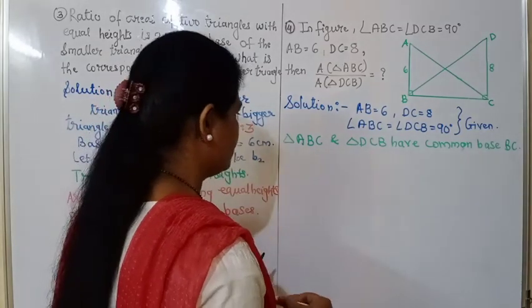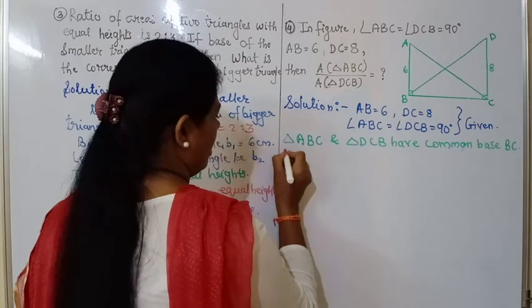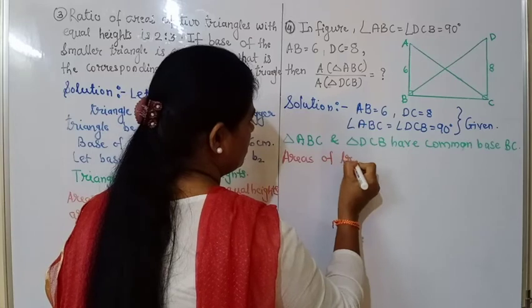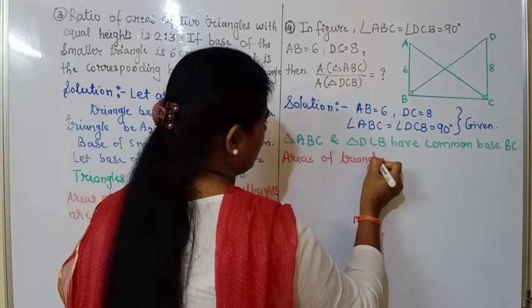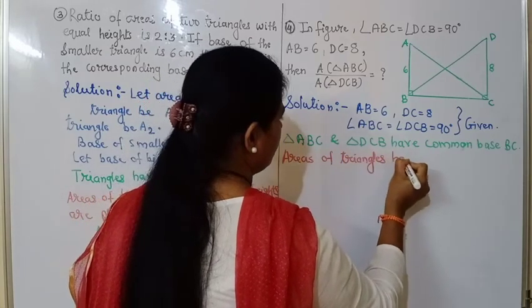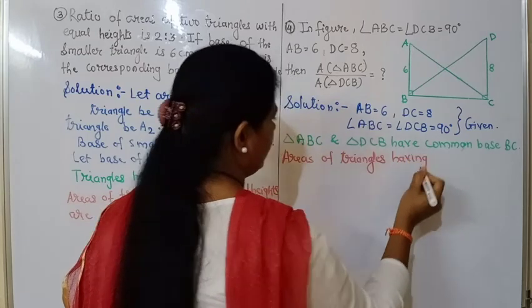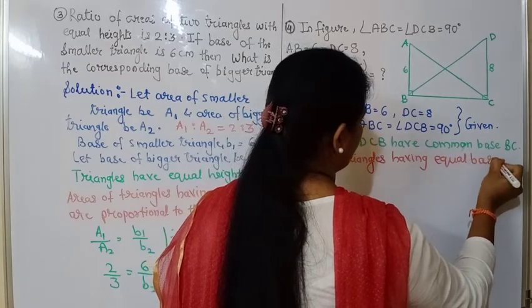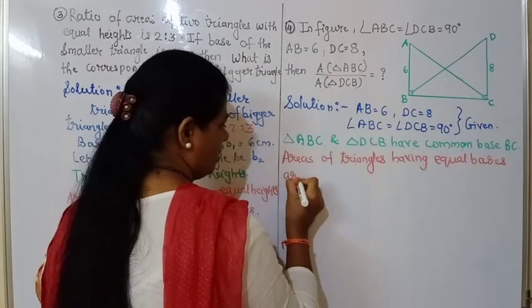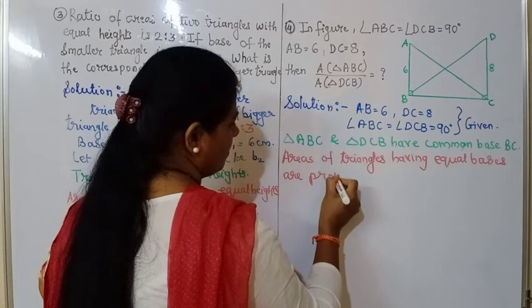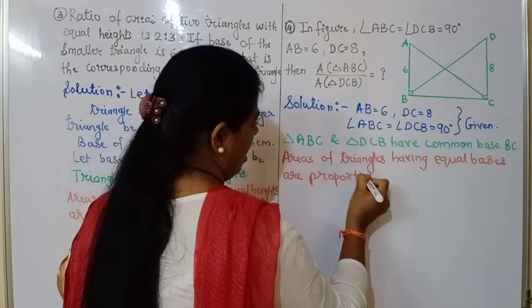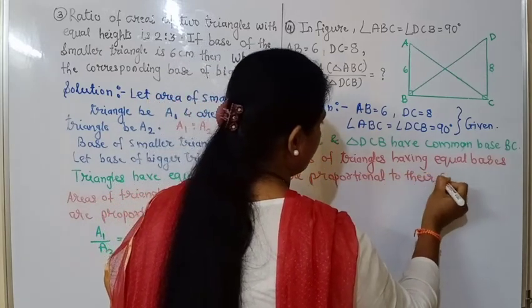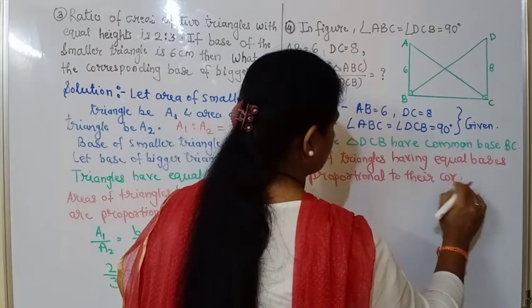So we'll write that statement now: the areas of triangles having equal bases are proportional to their corresponding heights.